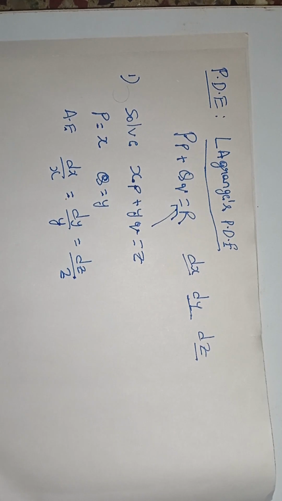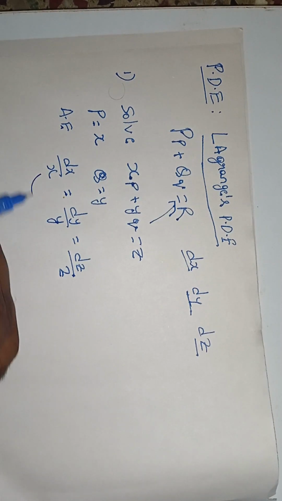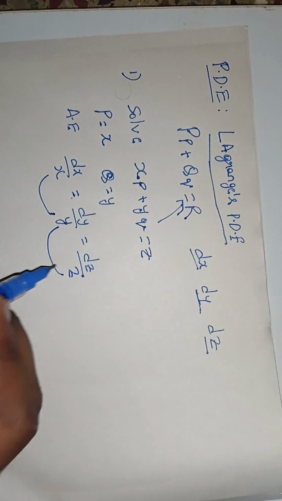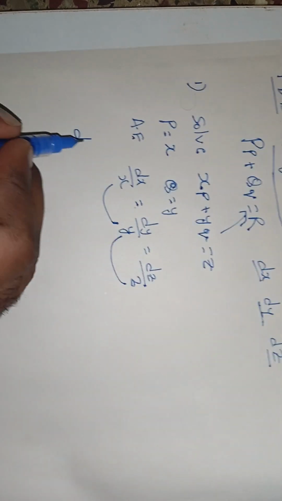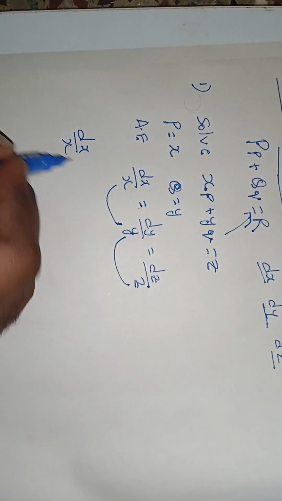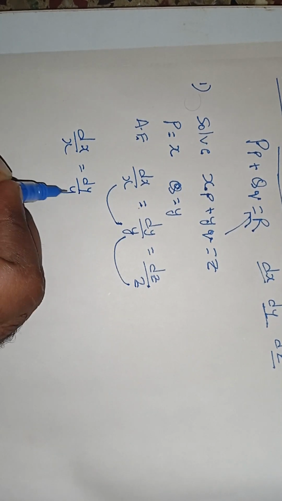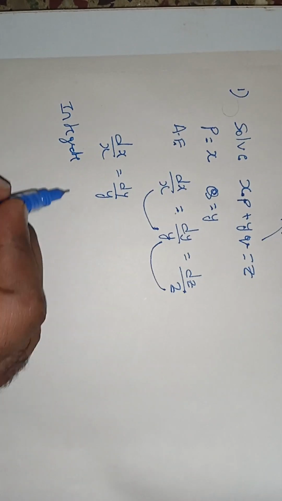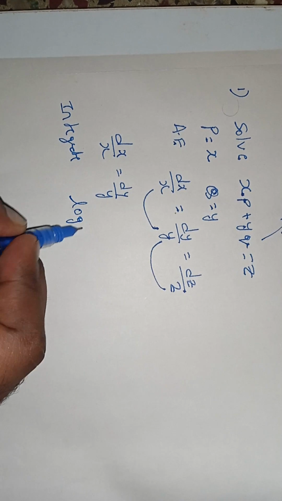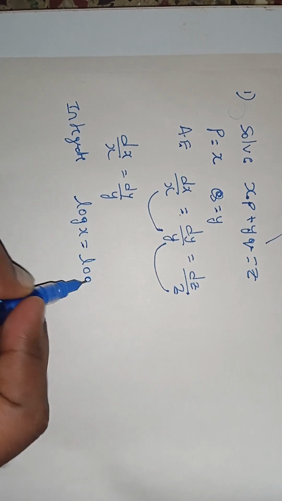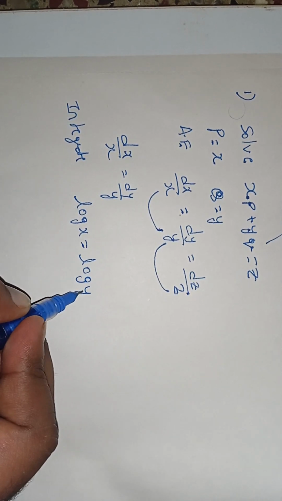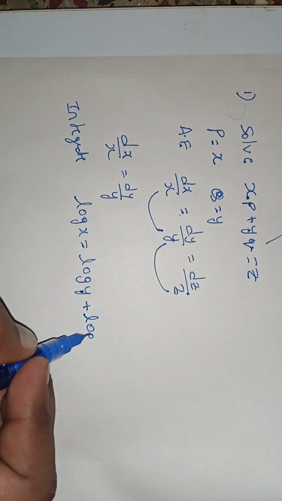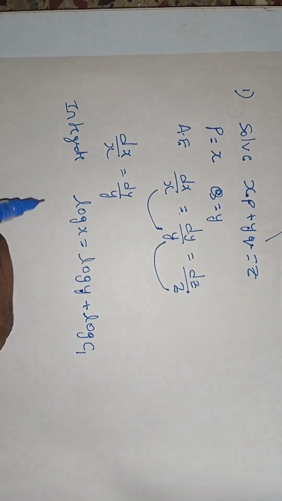So I will compare first two and these two. So if I take first two, dx by x equal to dy by y, I will integrate. So if I integrate, I get log x is equal to log y plus some constant that I will call it as log c1.